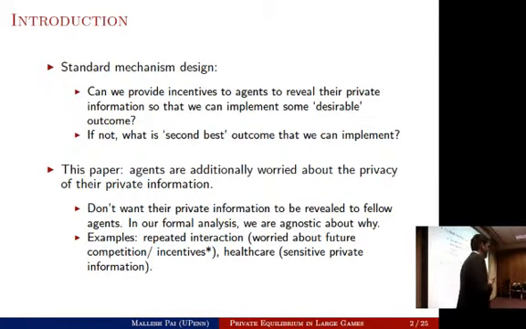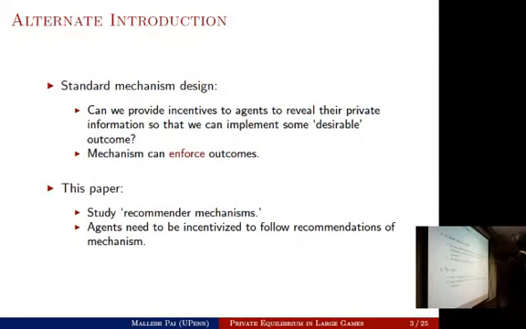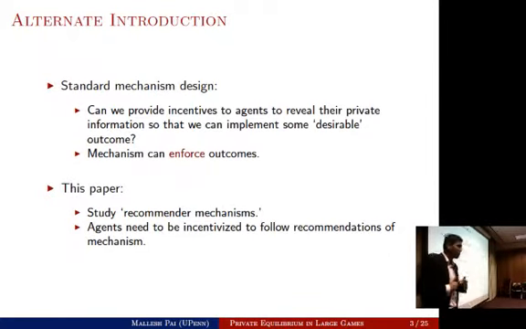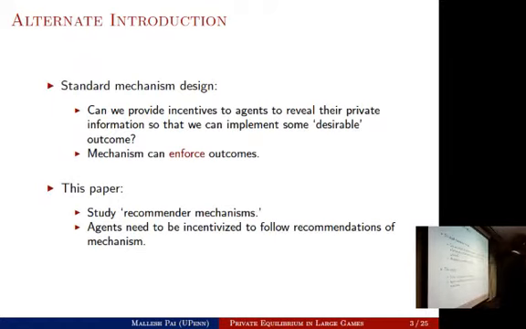Either way, I'm just going to take as given that they're concerned about the privacy of their private information. If you don't care about privacy, here's an alternate way to think about the exercise. You can think of privacy and the analysis that we're going to do as just a tool. What we're going to be concerned with is a variant on a standard mechanism design problem.